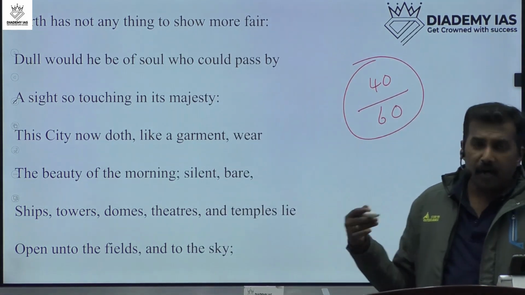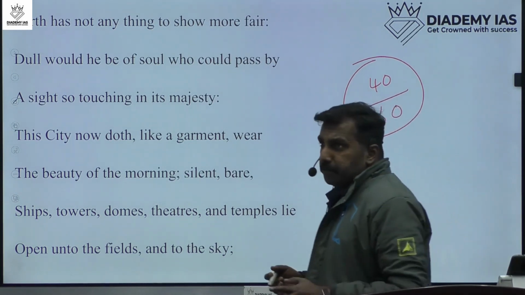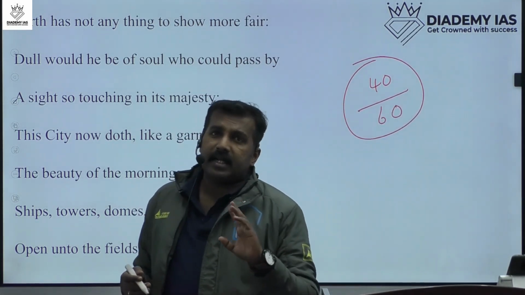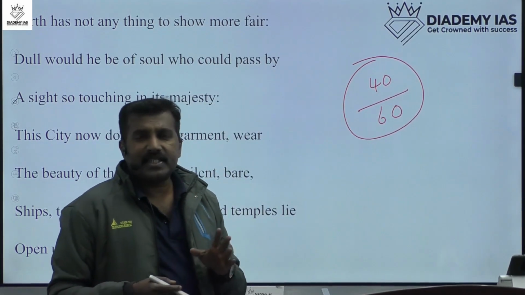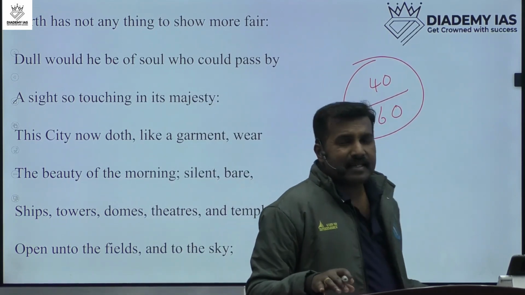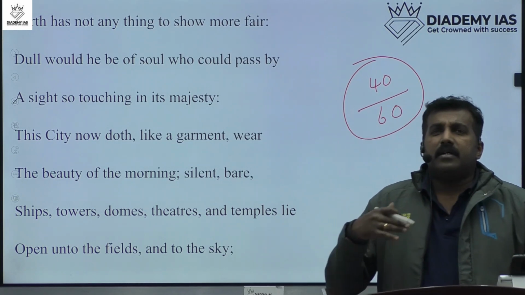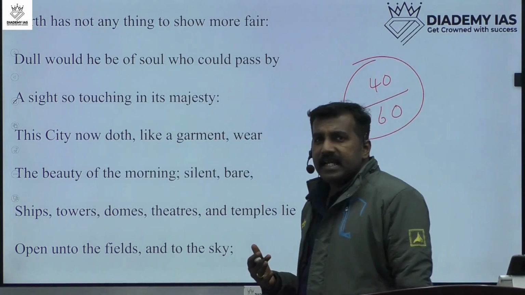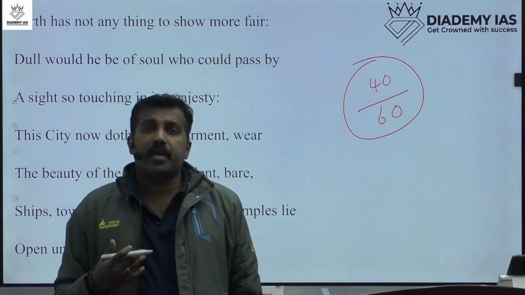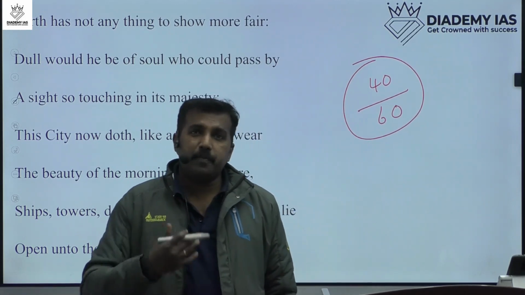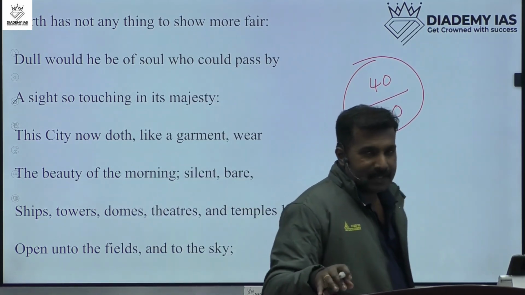We already studied two important poems, Three years she grew in sun and shower, and the second one, She dwelt among the untrodden ways. These are the two poems we already covered.